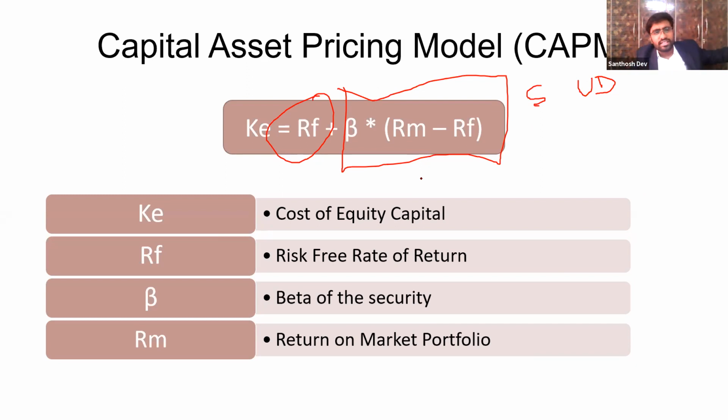He does whatever I told you for the Indian market, he does it for the S&P 500 and for the Nasdaq. After he finds it out for the USA, he adds a country risk premium for all the countries. So if the US is considered a AAA rated country, and India is a BB rated country, I'm just taking numbers, I don't know what the current ratings are, he adds a percentage of premium.